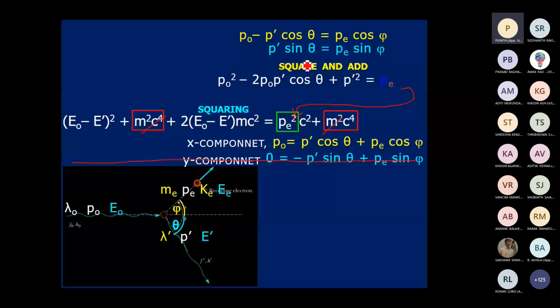If you take this as p naught minus p dash square, you will get p naught square, p dash square cos square theta, minus 2 p naught p dash cos theta, plus p dash square sin square theta. If you add that, sin square theta plus cos square theta is 1, so you are left with p dash square. Similarly, on the right side, cos square phi plus sin square phi becomes 1, so you are left with p e square.